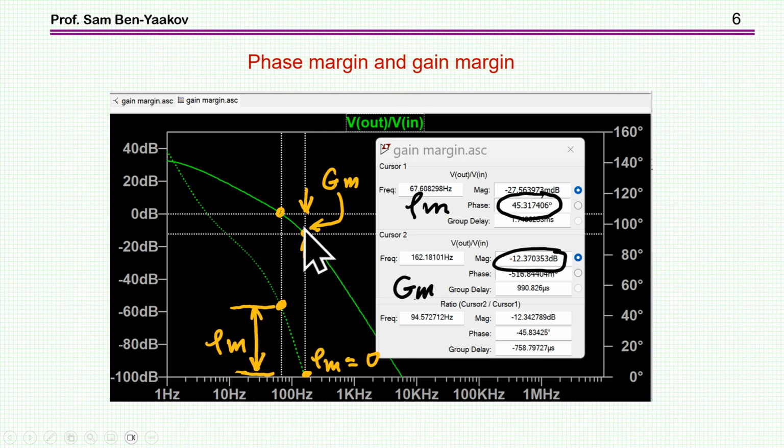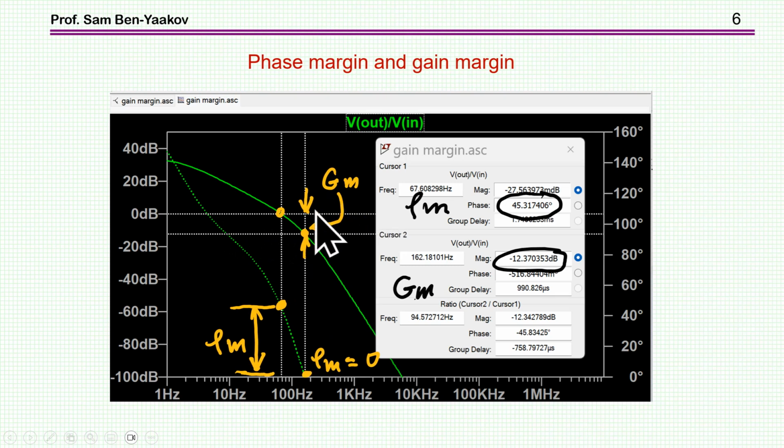Now the gain margin is something else. We look first of all for the point of frequency at which the phase is already 180 degrees, or 0 degrees in this way of looking at it. And then we look at the gain of the system at this particular frequency. And then the difference between the 0 dB and this point is the gain margin.